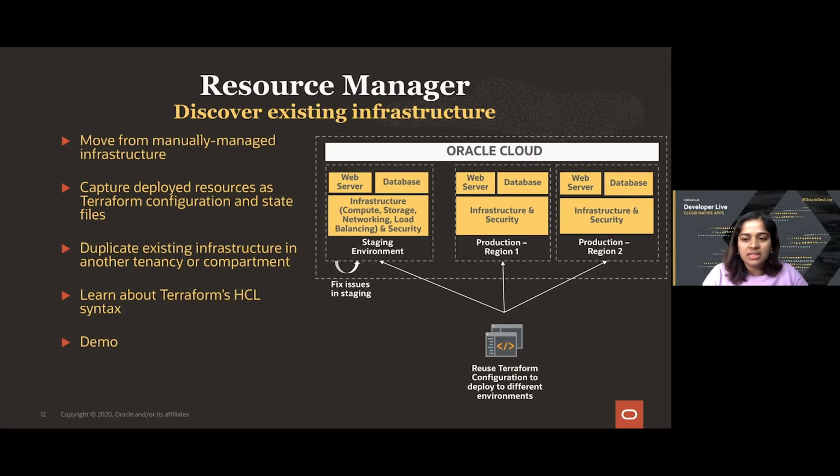Once your stack is created, you'll be able to execute plan, apply, and destroy jobs and leverage all the benefits of moving to Resource Manager service, such as versioning your infrastructure, tracking changes to your infrastructure, and also enabling easy collaboration across multiple teams. With the generated Terraform configuration files, you will also be able to replicate your infrastructure in another region or tenancy or compartment as shown in this diagram.